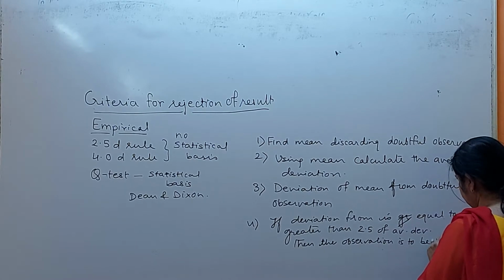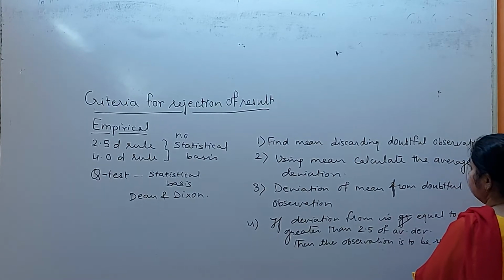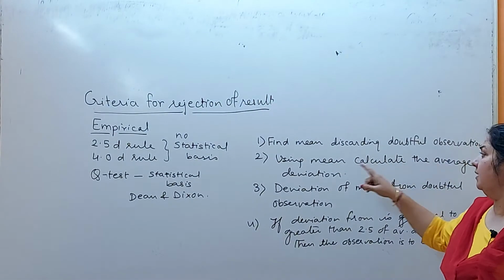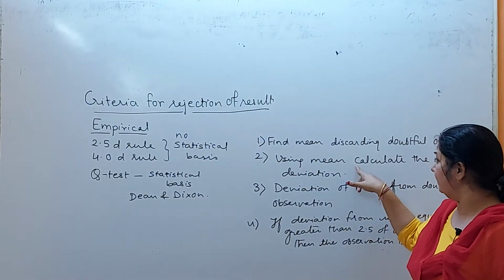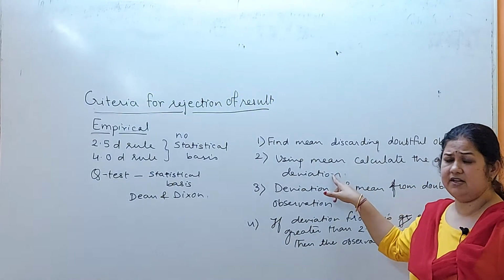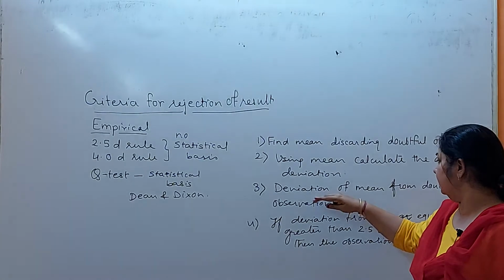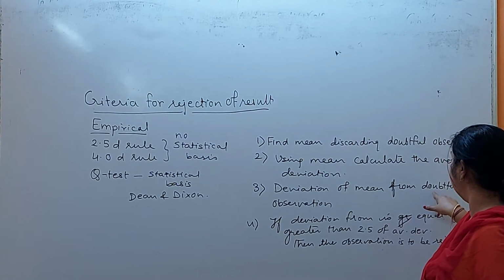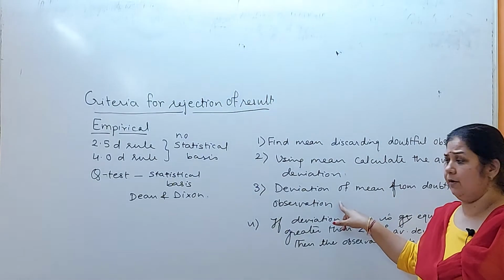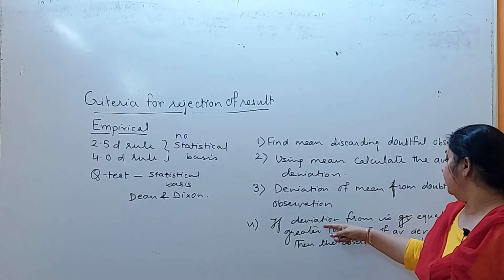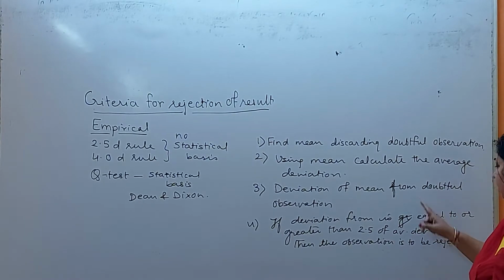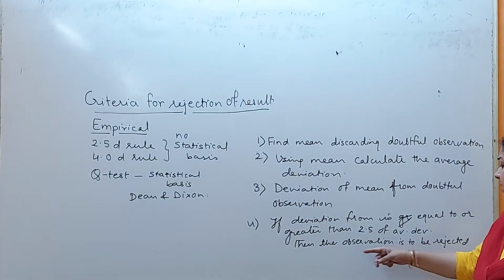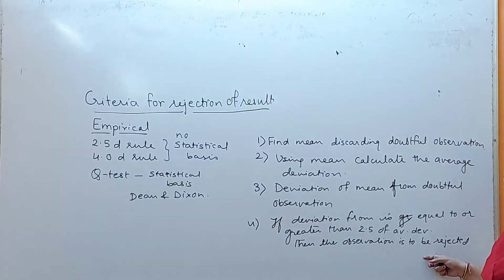Otherwise it has to be retained. Now once again, find the mean discarding the doubtful observation. Using that mean, calculate the average deviation, then find the deviation of the doubtful observation. If it is equal to or greater than 2.5 times the average deviation, then the observation has to be rejected.